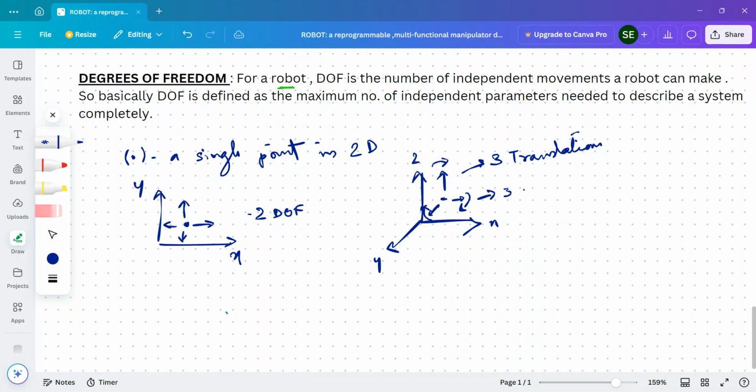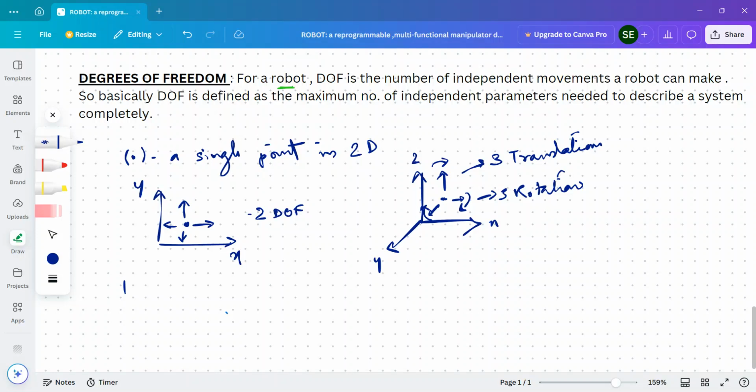Another three rotations, right? 3 rotations.